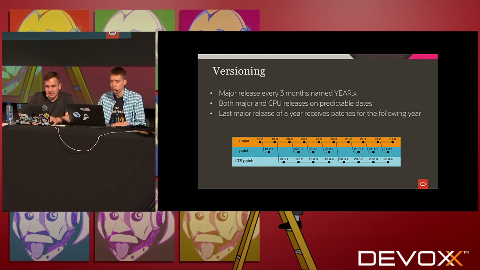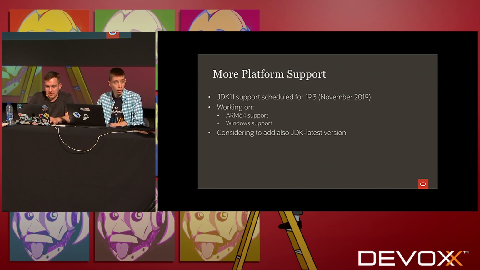And we participate in the regular critical patch updates of Oracle on the regular schedule. The last release of the year will become a longer-term support release that will be supported for at least 1 year afterwards. But generally, we think people should upgrade relatively frequently because we try to keep compatibility between releases.